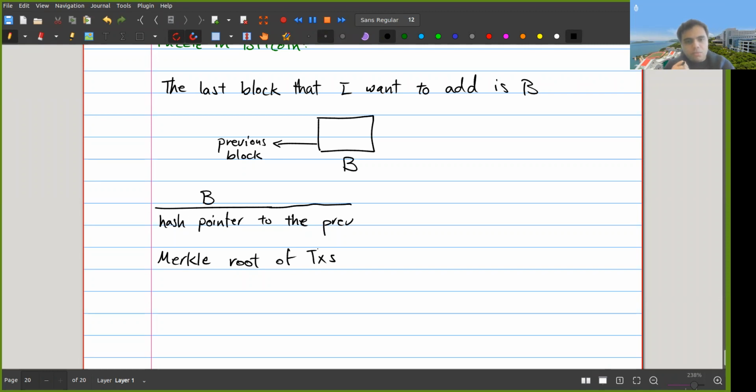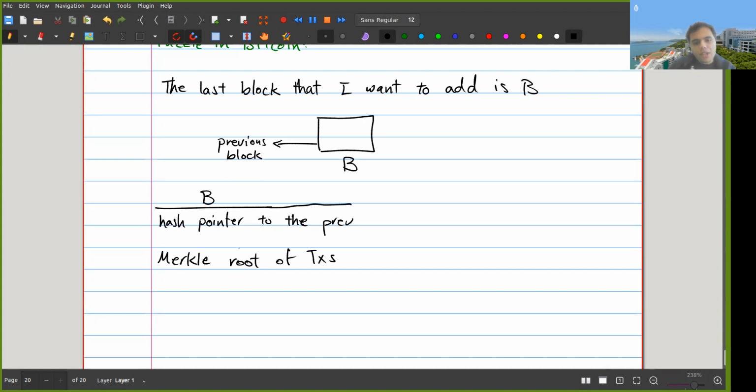So I don't need to put all of them in the block. I can just put the Merkle root. Okay. And yeah, so let's say this is what we have. In Bitcoin, we have a bunch of other things. For example, we can also have a timestamp and so on, but I don't want to talk about that right now. So this is what I have in my block B.